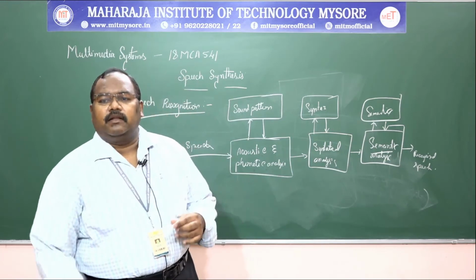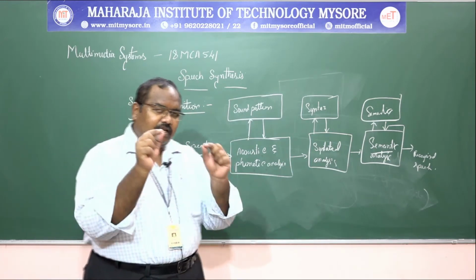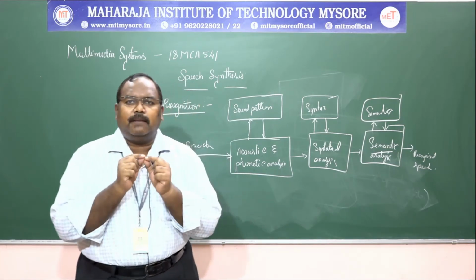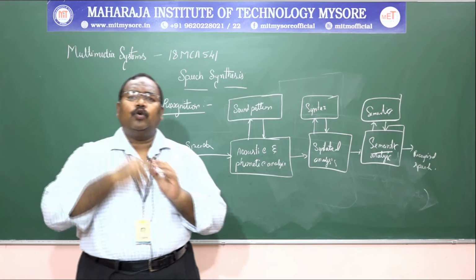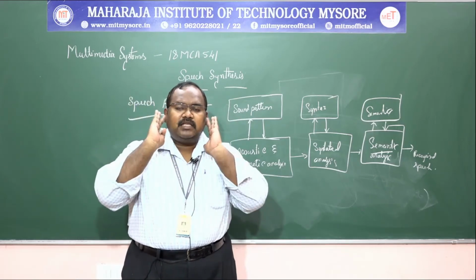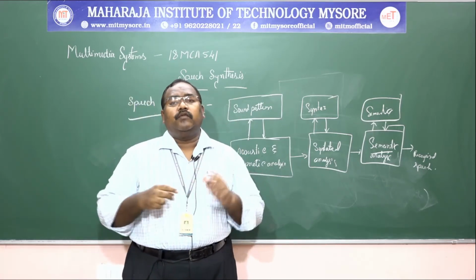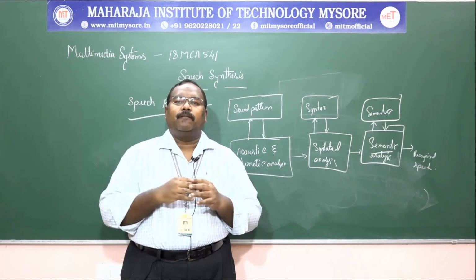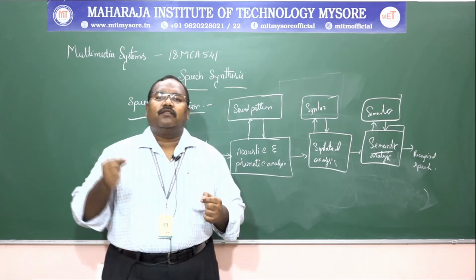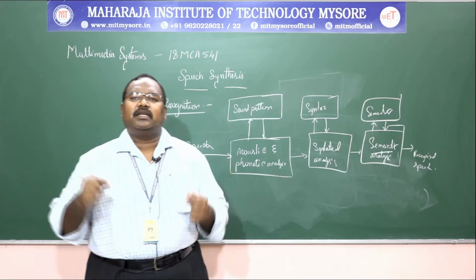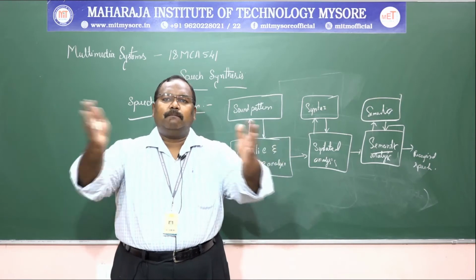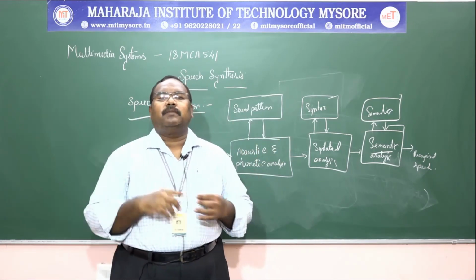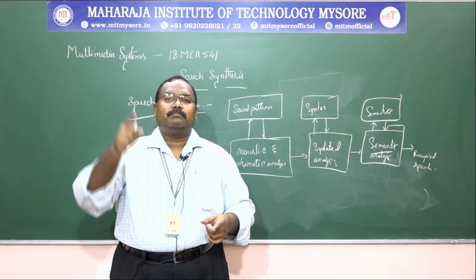The next primary concept we'll look into is speaker dependent and speaker independent. How do we say a recognized speech is speaker dependent? When we talk about speaker dependent, we need to know the speaker beforehand. If we hear the voice of a mother or a father or a brother or a sister in a crowded place with many people, we will be able to recognize, oh, that voice is my mother's, this voice is my brother's, or my sister is speaking.